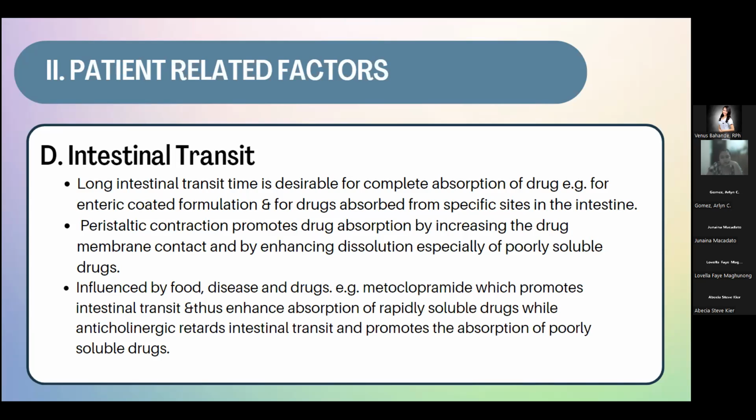So this is influenced by food, disease, and drugs. Example, metoclopramide, which promotes intestinal transit and thus enhances absorption of rapidly soluble drugs, while anticholinergic retards intestinal transit and promotes the absorption of poorly soluble drugs.